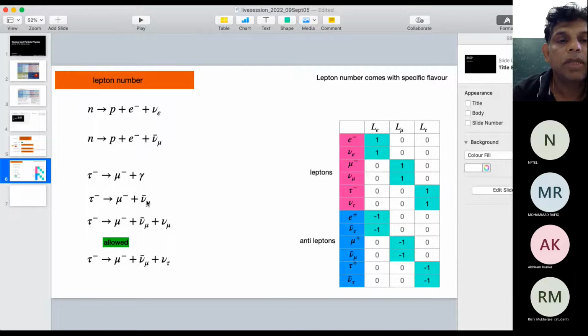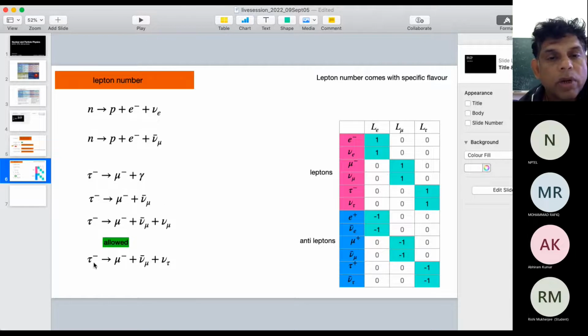What's the problem with that? The problem is that the tau is also a lepton. So initially you have a tau lepton, which already has a lepton number of tau type, L tau, which is 1. So the right hand side should also have L tau 1.